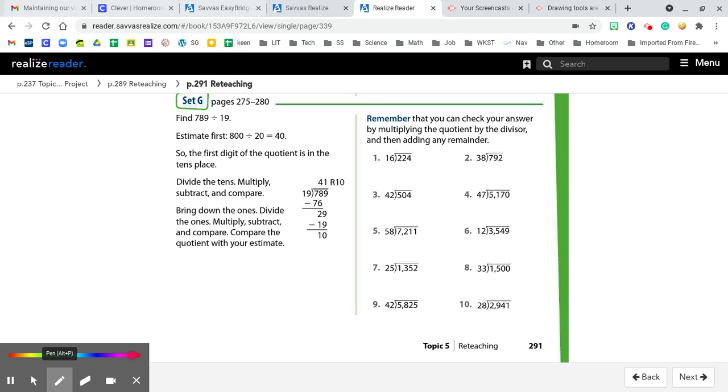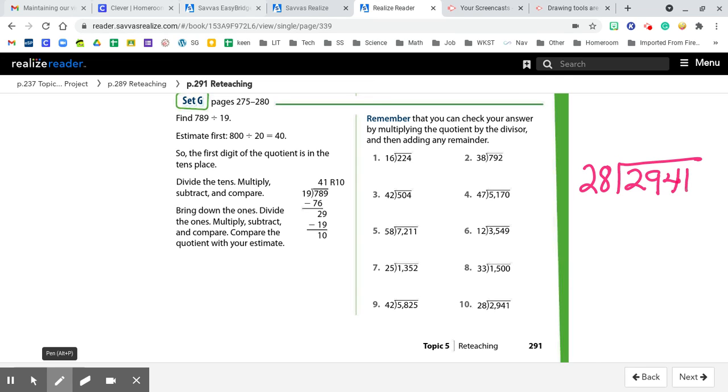And the last one, 28 into 2941. Problem's not going to start in the thousands. It's going to start in the hundreds. Bring down the 4. Be careful on this one. 28 doesn't go into 14, so I'm going to need to bring down the next digit.